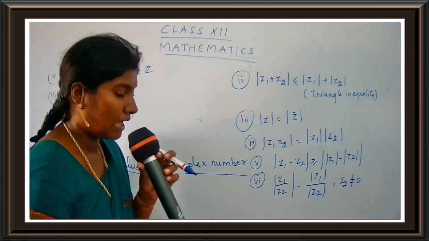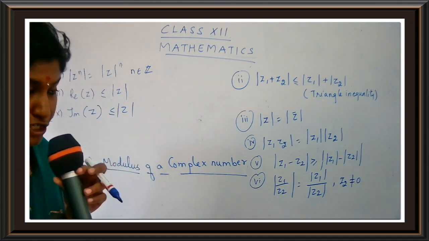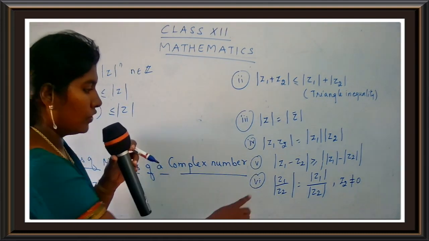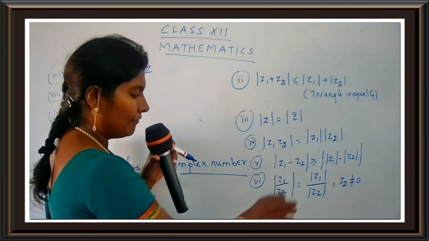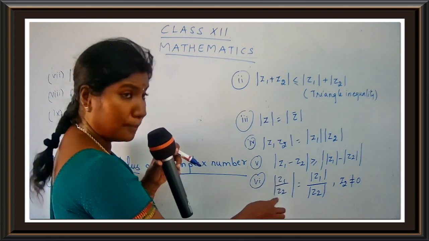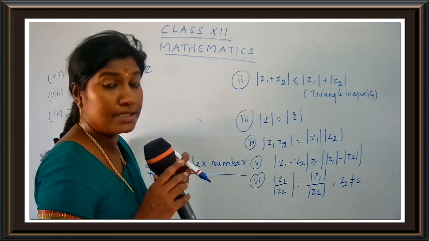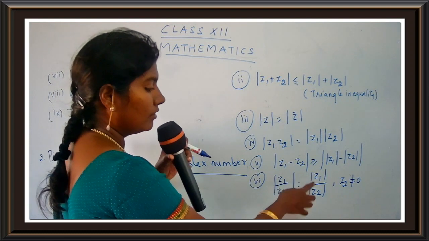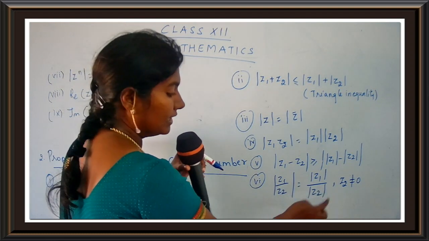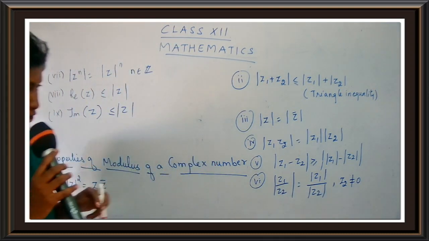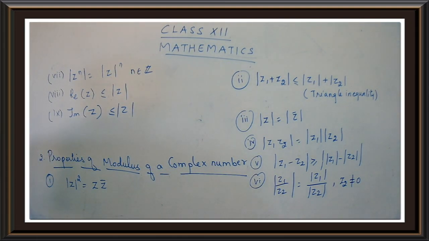Okay, good. Now the sixth one: if you have a modulus for Z1 upon Z2, it can be written as modulus Z1 upon modulus Z2, and the denominator should not be equal to 0. Next one, modulus Z raised to n. It is mostly similar to your conjugate property, children.